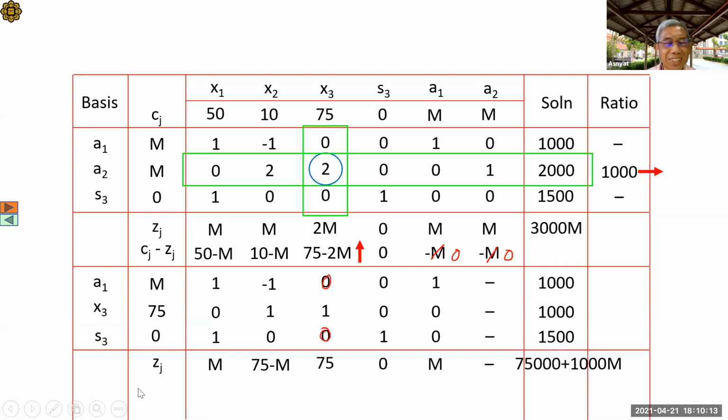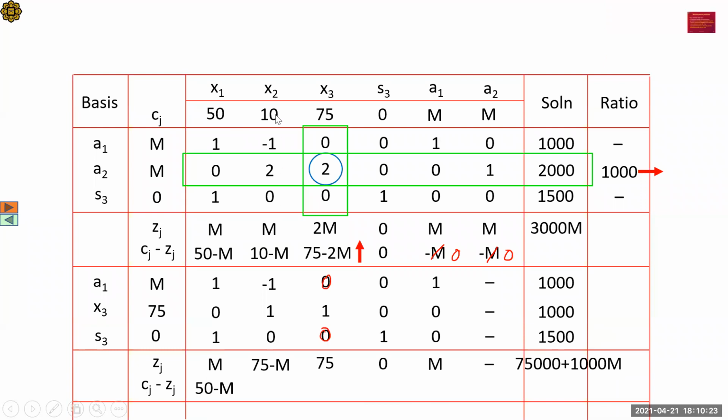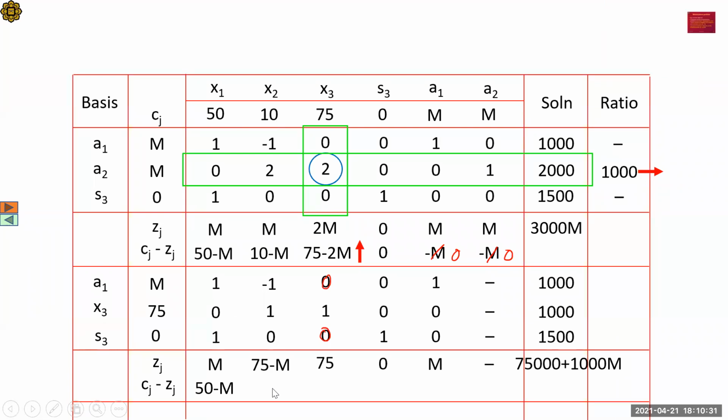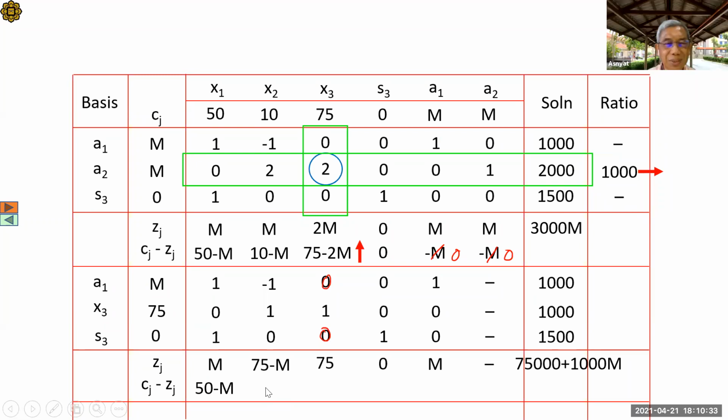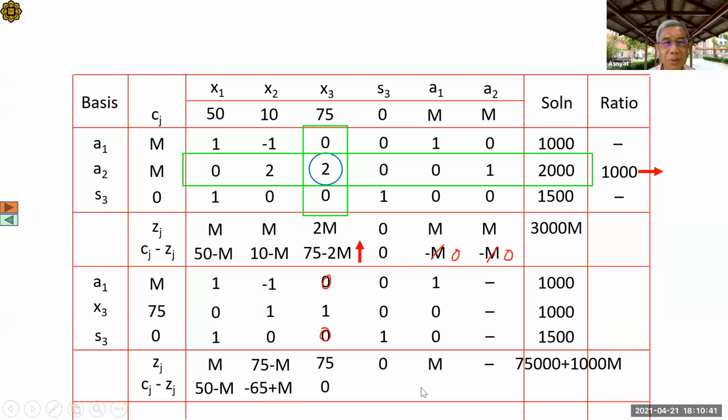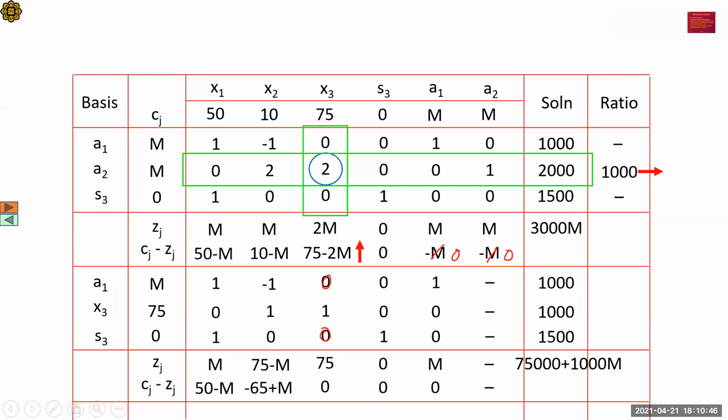Now I do Cj minus Zj quickly. 50 minus M, 50 minus M, 50 minus M. Then 10 minus 75M, negative 65 plus M. Here, zero, zero, zero, zero, dash, dash. So which one is the pivot column?